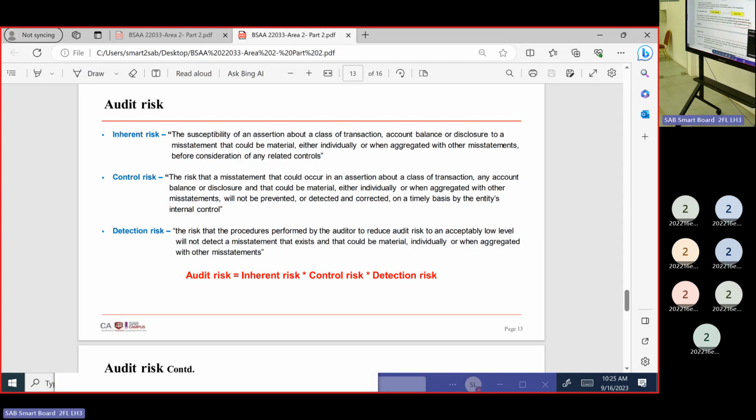What is the worst scenario we can make? As an auditor, inherent risk is higher, and we can't rely on control. That's the worst scenario. For example, inherent risk is higher for existence of cash, and they don't have lockers.